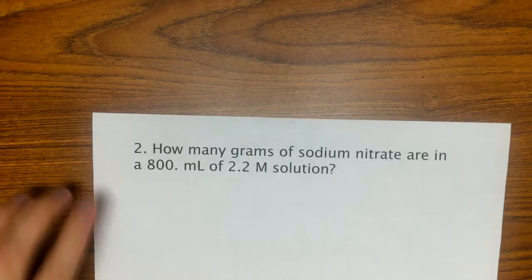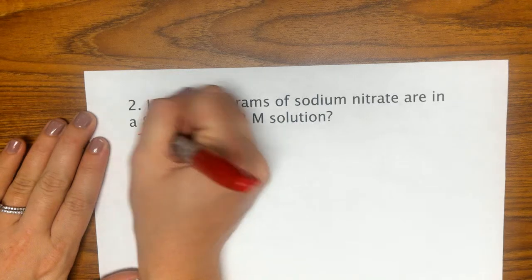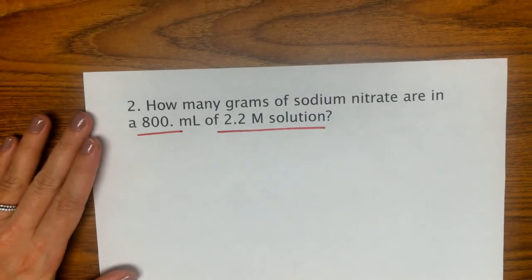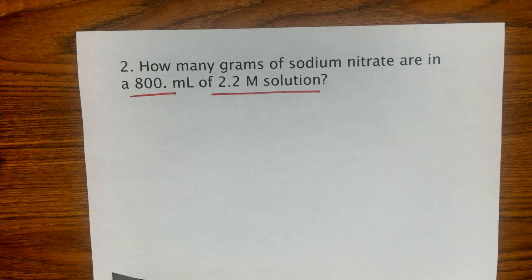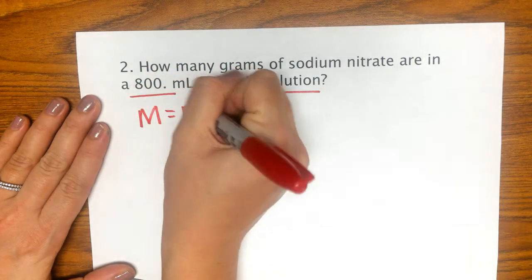The second problem. How many grams of sodium nitrate are in 800 milliliters of a 2.2 molar solution? So this one's going to be the opposite. This time I've given you the molarity and I want grams. So our molarity equation is moles over liters.